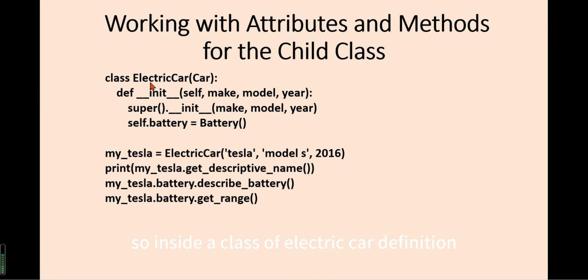Inside the electric car class definition, we will create a battery attribute. But here, the battery attribute's value is an instance of the battery class. So this battery attribute will have all the attributes, sub-attributes, and methods of the battery class.